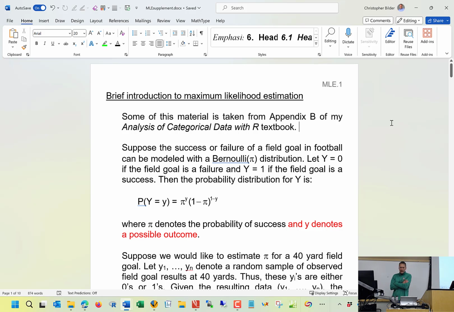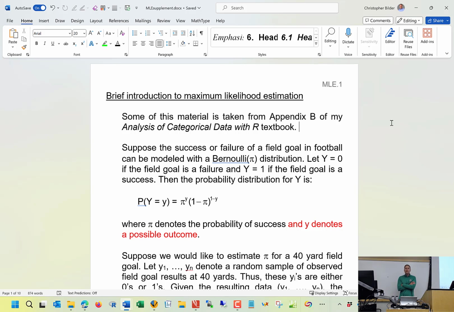The way that I like to explain maximum likelihood estimation, well, let me back up a second. If you want a little bit of longer explanation, you can take a look at Appendix B of a textbook that I wrote for our categorical data analysis course that I primarily teach here at the university.